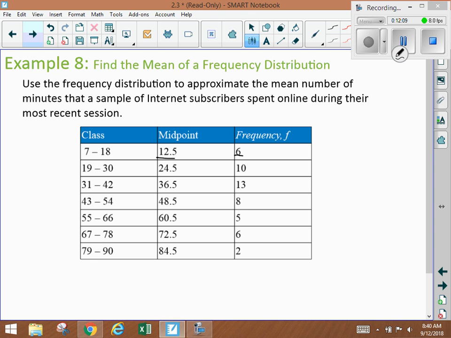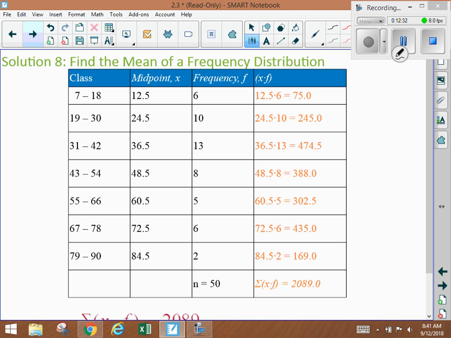There were 6. That means 6 people spent 7 to 18 minutes online. That's how you read that. We found the midpoints and the frequencies, then we multiply, I apologize, we find those products.